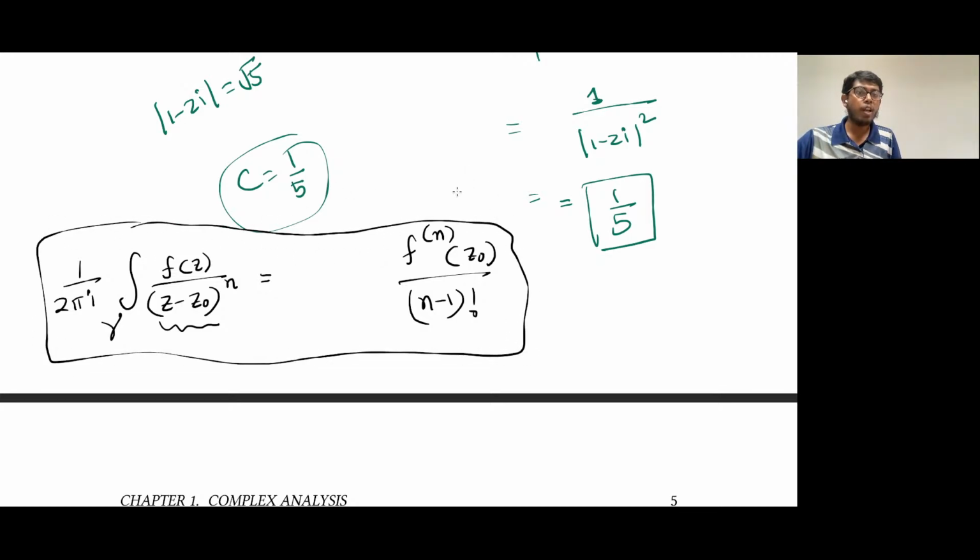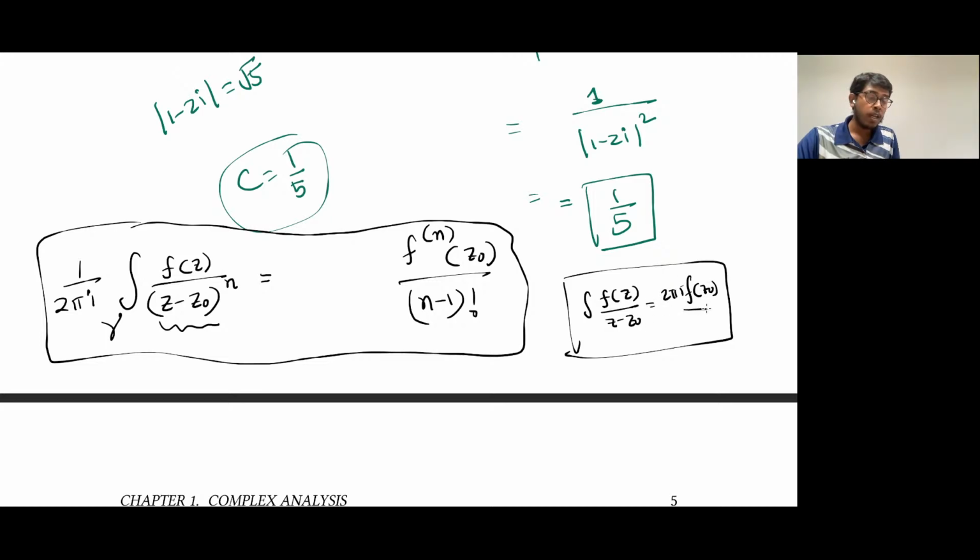So this, along with the earlier result, is quite important. The second, as I told earlier, is that the integral of f(z)/(z − z₀) equals 2πi f(z₀). The condition in both theorems is that f(z) has to be analytic inside gamma.